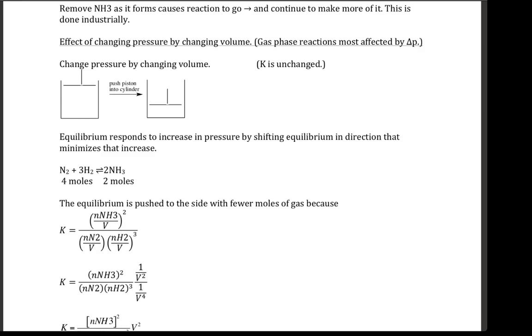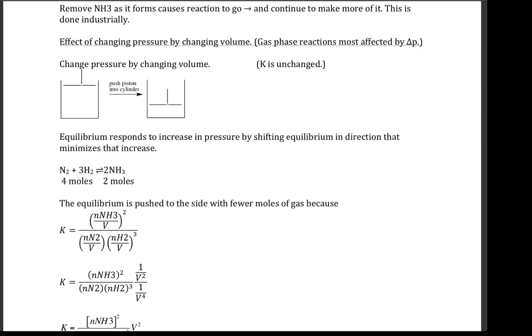All right, next we will talk about changing the pressure by changing the volume. So we have a reaction in a cylinder with a piston, and we can push down on the piston, we can pull up on the piston. So let's say that we're pushing down on the piston. The equilibrium responds to this decrease in volume, or we could say increase in pressure, by shifting the equilibrium in a direction that minimizes that pressure increase.